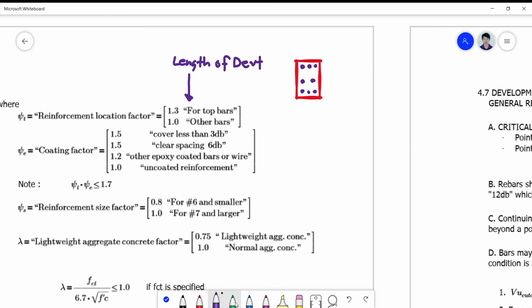Okay, so the definition for a top reinforcement is that 12-inch thickness of concrete is cast or is present below the bar.